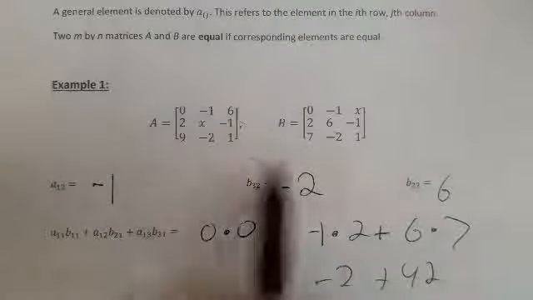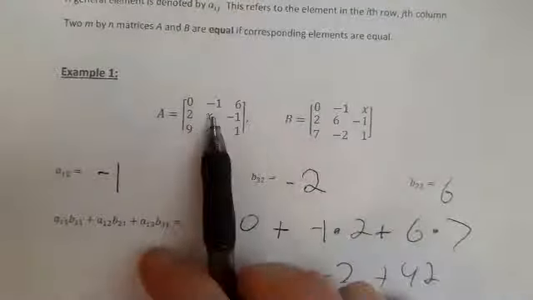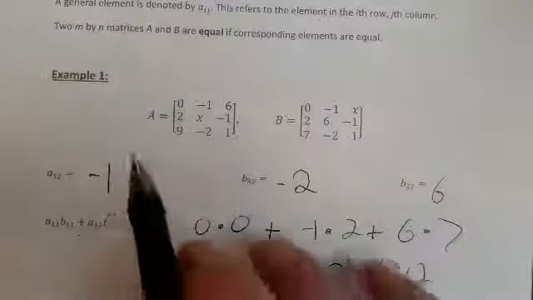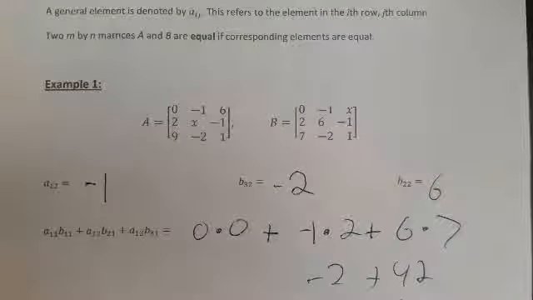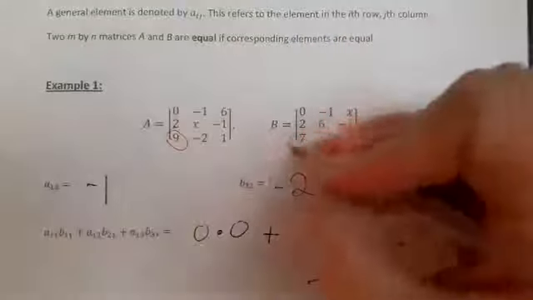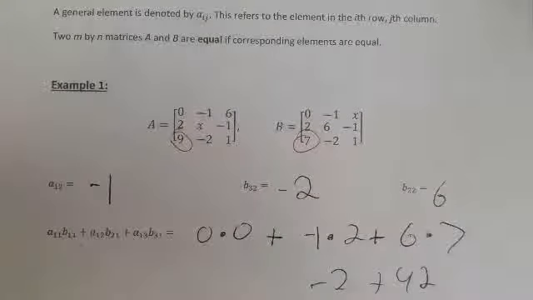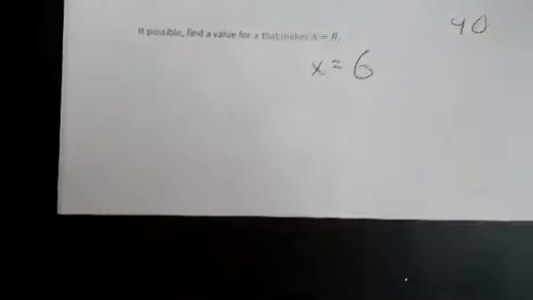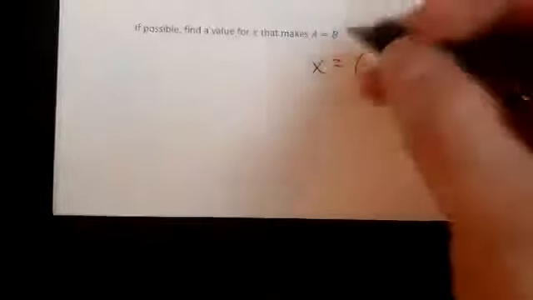Okay, x is 6 here, x is 6 here, but the thing that is a little tricky with this one is that we have a 9 here and a 7 here. Even if we let x be 6, it doesn't fix that problem. So if possible, find an x value that makes A equal to B. Well, this isn't going to work, so it's not possible.